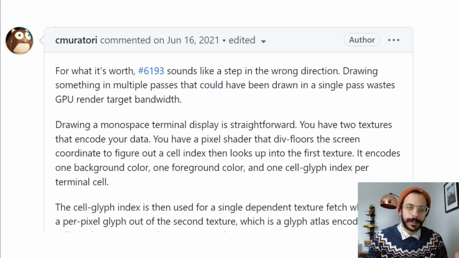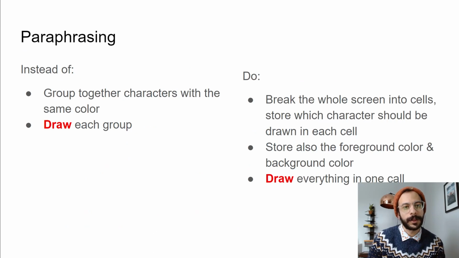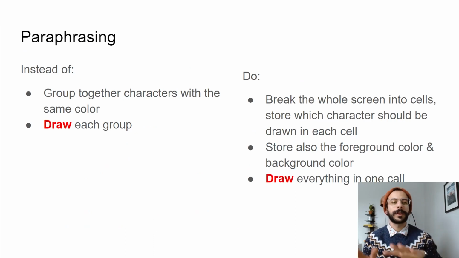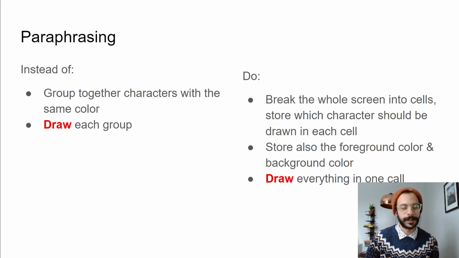And the answer is yes. But the question is how do you make it faster? This is the answer, but I'll explain it in terms of what we just did today. Basically, what the terminal was doing is you have a lot of different characters. If they're all the same color, they could draw them all together with one draw call. Again, fire the cannon once and it's great.